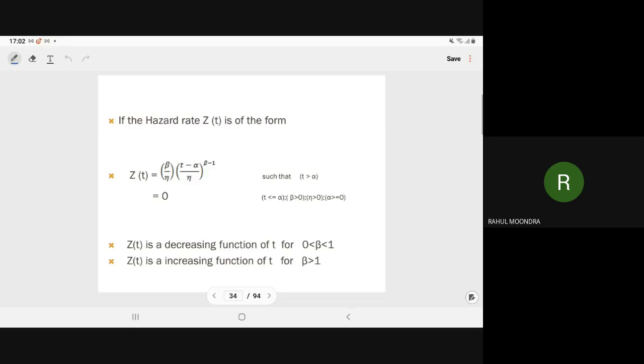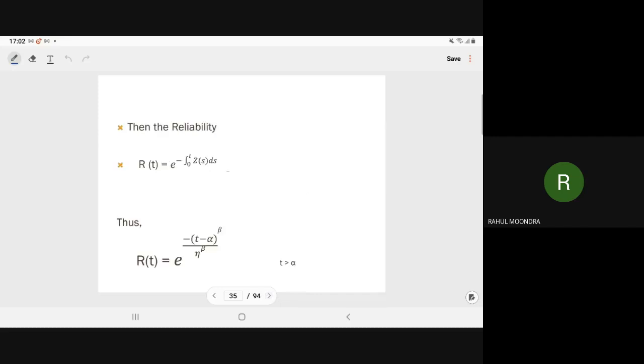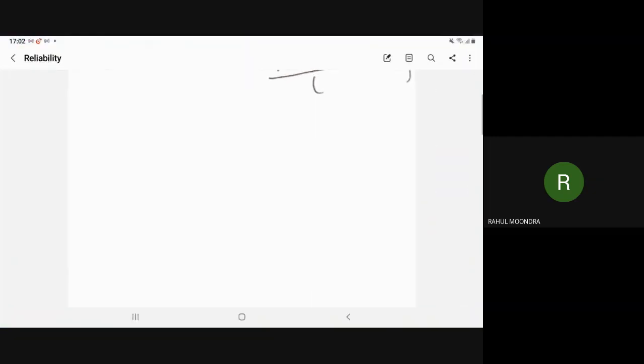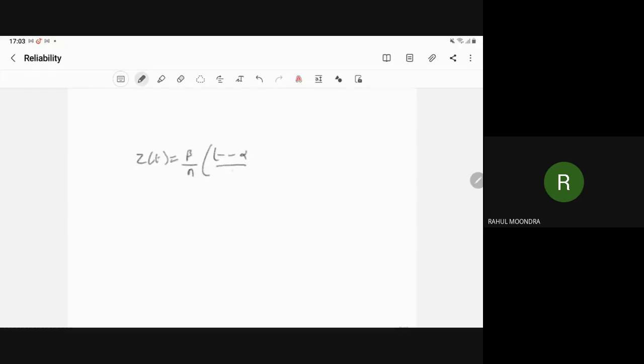But the hazard rate function for the Weibull failure time distribution is z(t) equal to beta upon eta, (t minus alpha upon eta) to the power beta minus 1. So z(t) is known as beta upon eta, (t minus alpha upon eta) to the power beta minus 1.